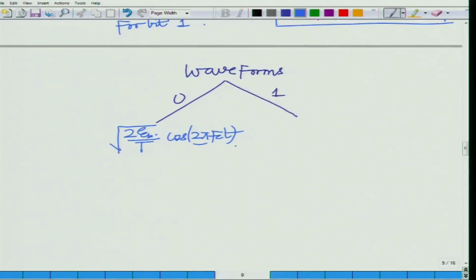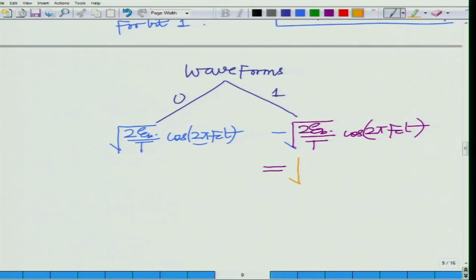Corresponding to bit 1, the only difference is that we have an exactly identical waveform except with a minus sign in front of it, minus square root of 2 Eb over T cosine 2 pi fc t, which if you realize is nothing but square root of 2 Eb over T times cosine 2 pi fc t plus pi.